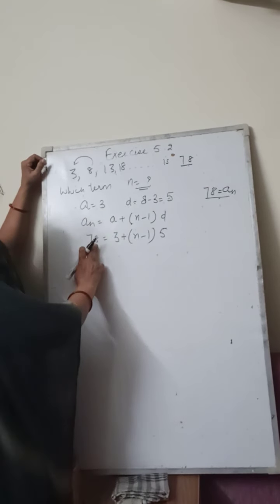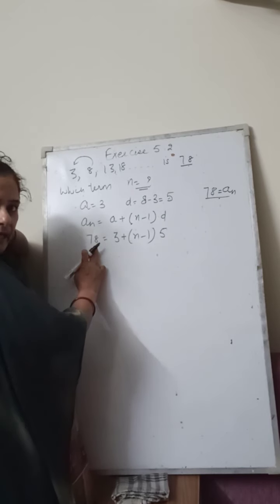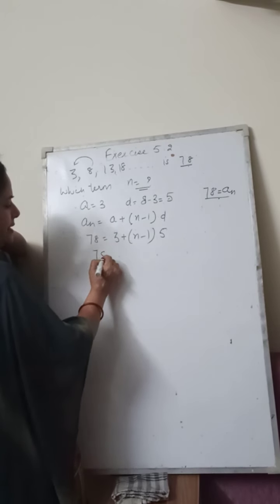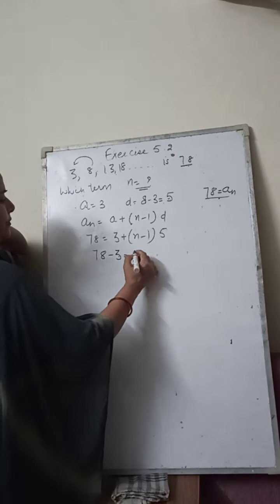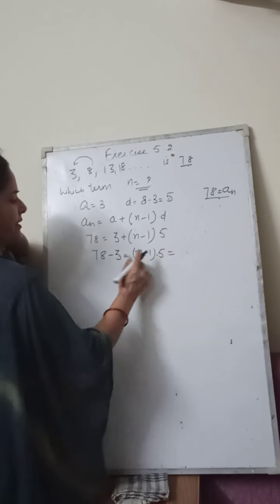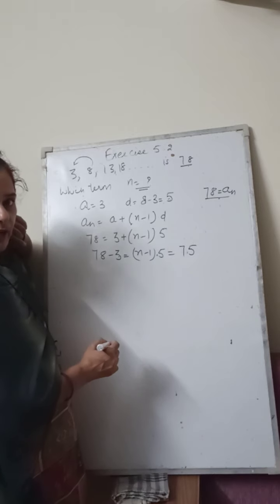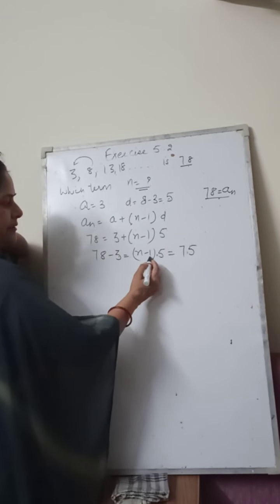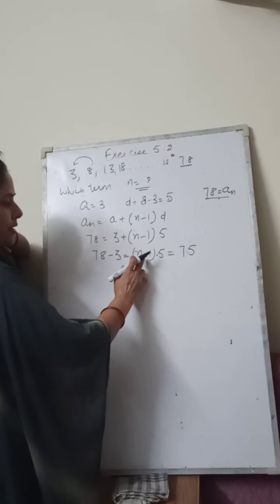Bring 3 to this side, and when you bring 3 to this side it will become negative. It will be 78 minus 3 is equal to n minus 1 into 5. 78 minus 3 is 75. So n minus 1 into 5 is equal to 75.